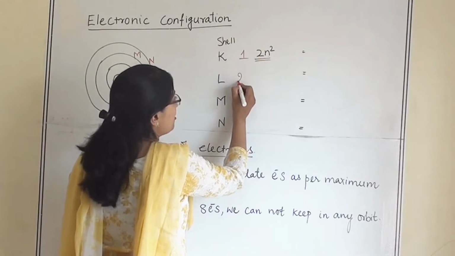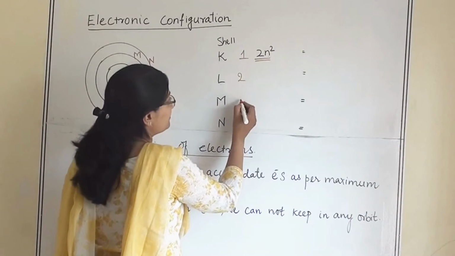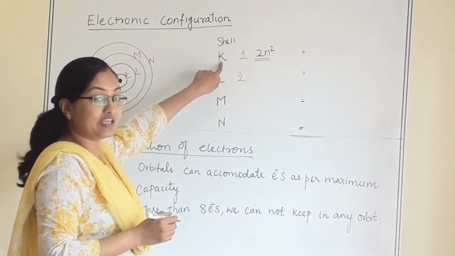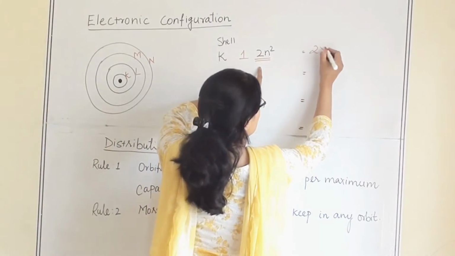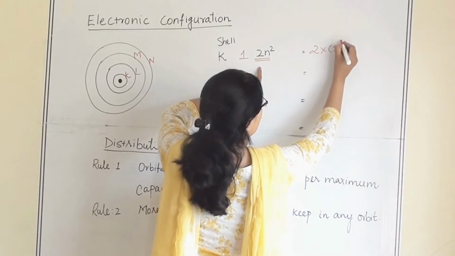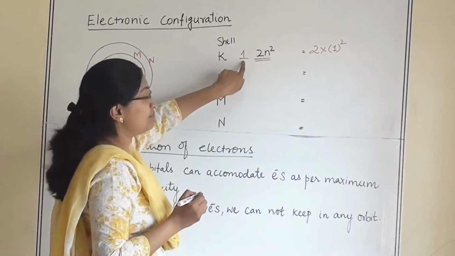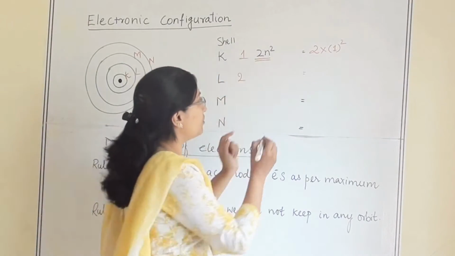When counting for L, we write 2. To check how many electrons K can accommodate, we write 2 into 1 squared. In place of n we have kept the number of the orbit. Because K is the first orbit, I have kept 1 here.